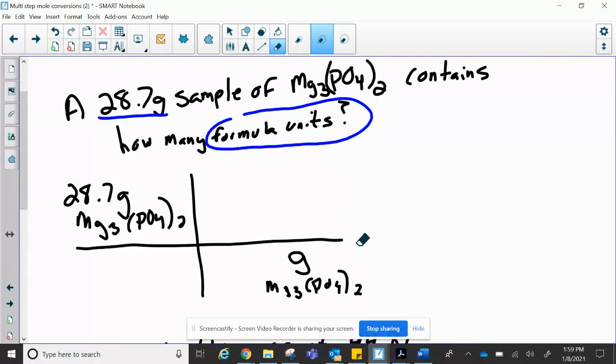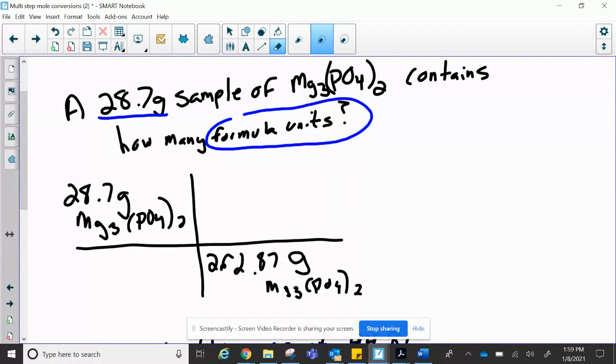All right, so we got Mg is 24.31, and we've got 3 of those. Plus, we've got phosphorus, 30.97, and we have 2 of those. Plus, oxygen is 16, and it looks like we have 8 of those. So 262.87 is the molar mass.